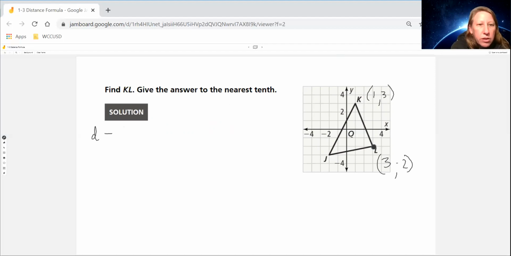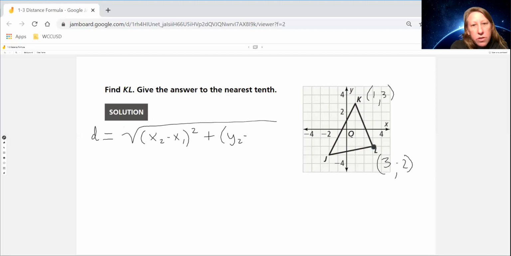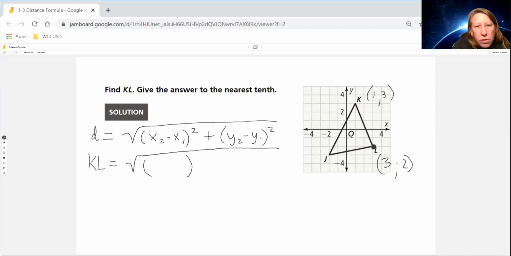It's a good idea every time you use a formula to practice writing it. It's the change in the x's squared plus the change in the y's squared. In this problem, we're trying to find the distance between K and L, and we can do that by putting the four numbers in very carefully, paying attention to details.